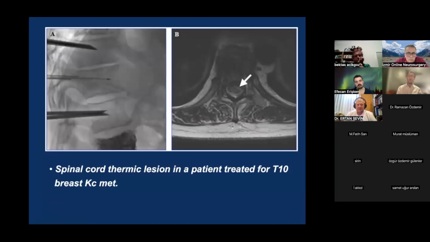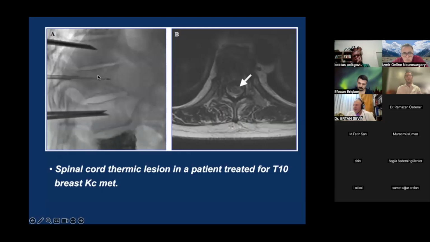And in our case series, we had one case of lesion of the spinal cord. So it was a patient treated. She had multiple metastases from breast cancer. One was a prevalent metastasis at a T10 level. So this is vertebroplasty at T9, T11, and T10.